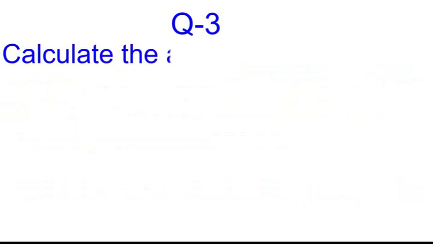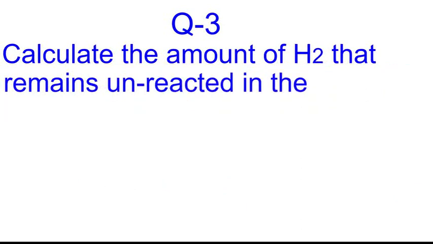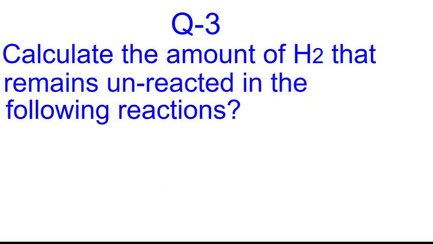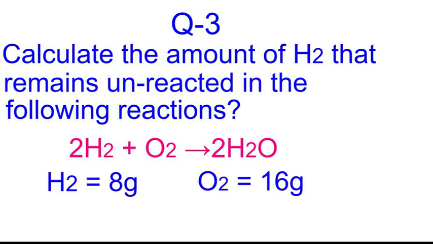Question number 3. Calculate the amount of H2 hydrogen that remains unreacted in the following reaction. The reaction is hydrogen burning in oxygen to form water. The amount of H2 taken is 8 gram, and of oxygen is 16 gram. Next question, question number 4.